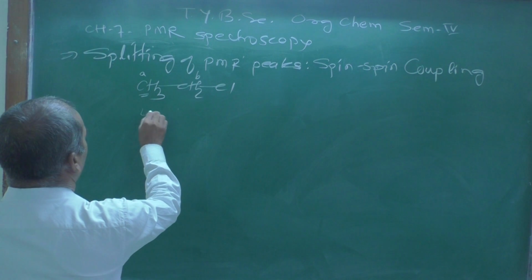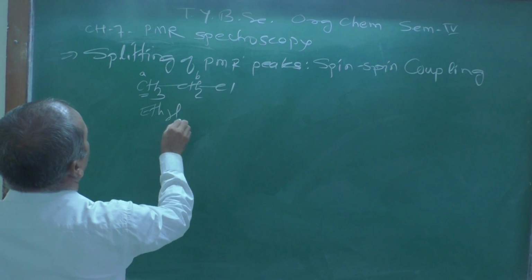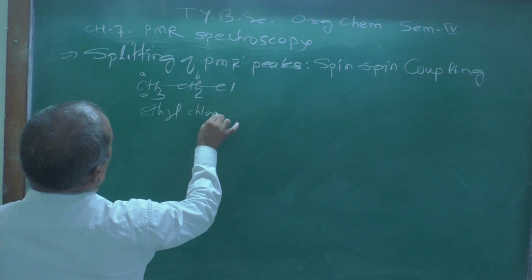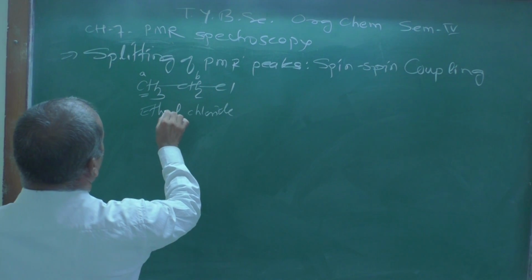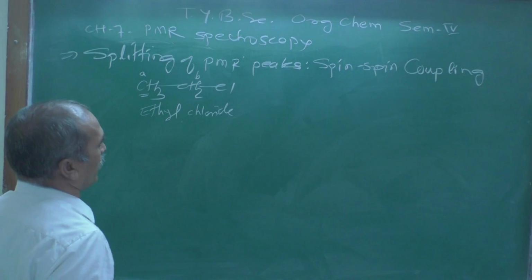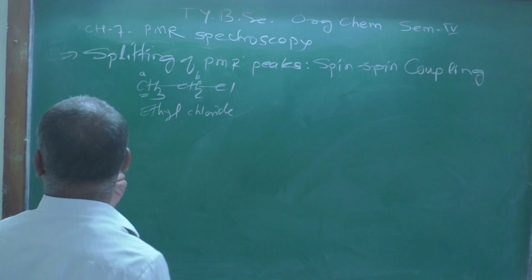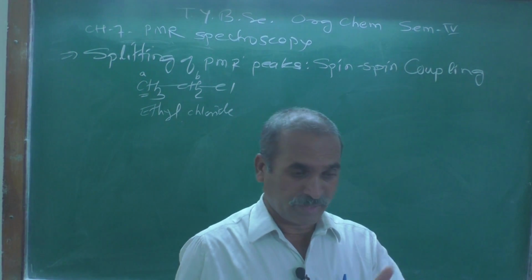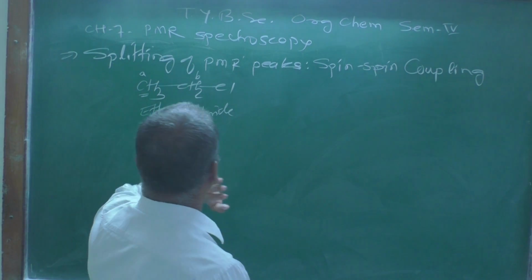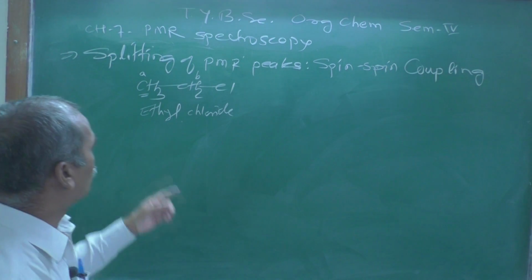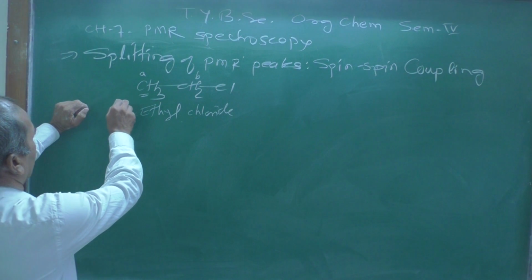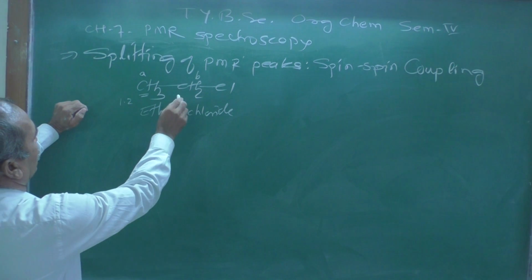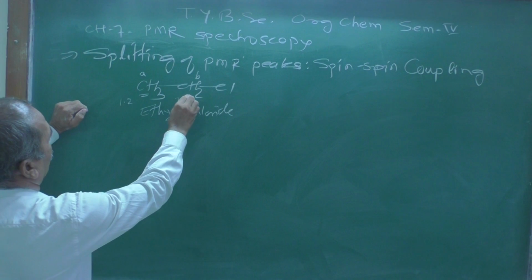This is the structure of ethyl chloride, or chloroethane we can call it. But here 2 types of the proton, approximate values also you know. Here maybe 1.2 and here found to be 3.2.